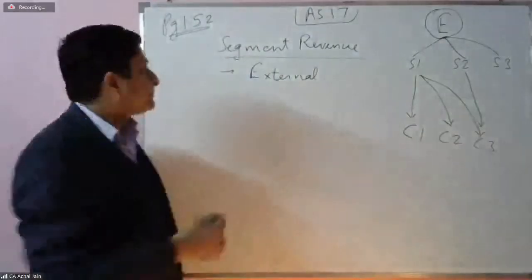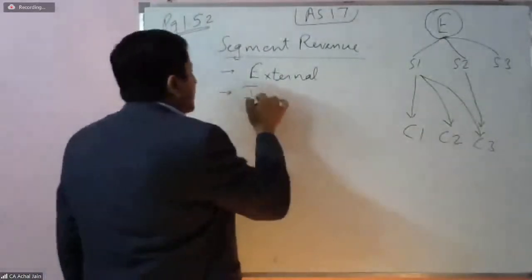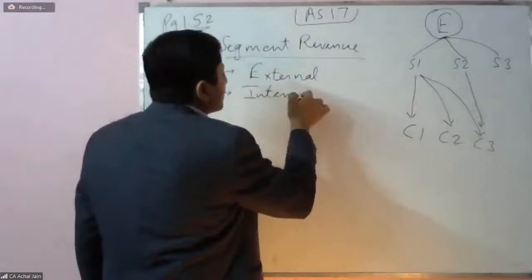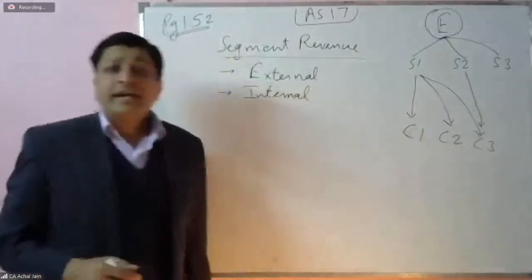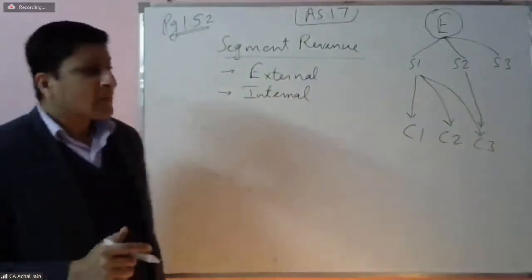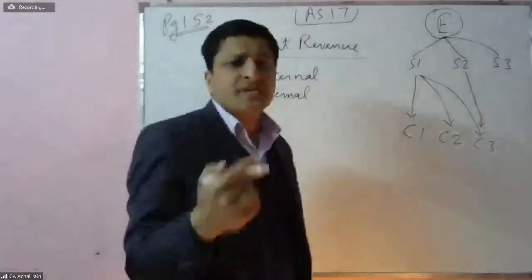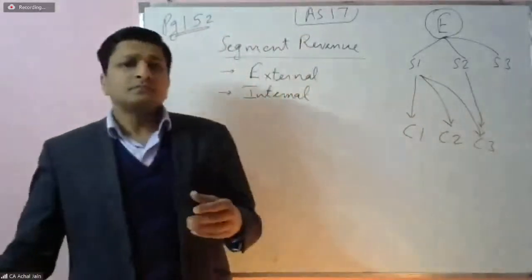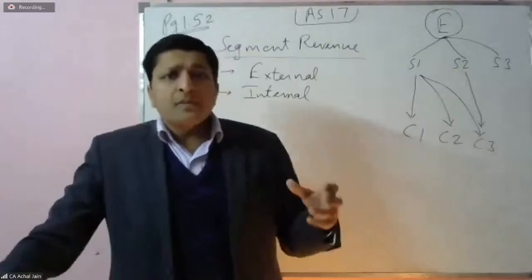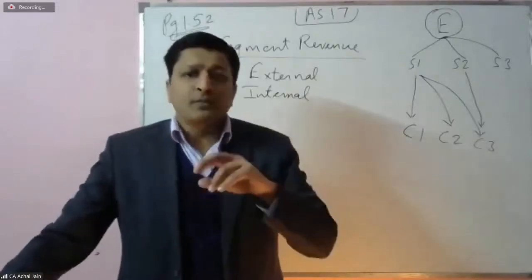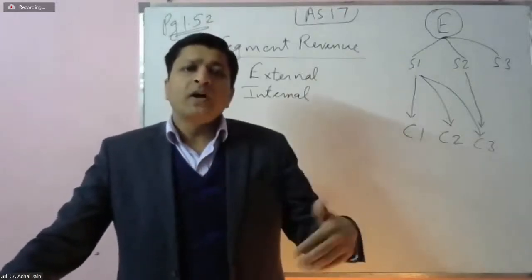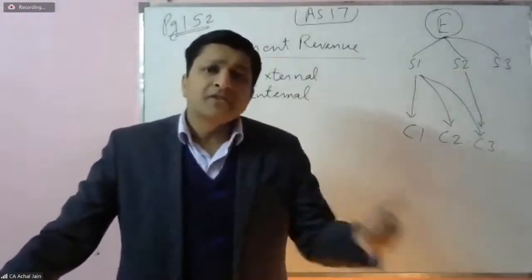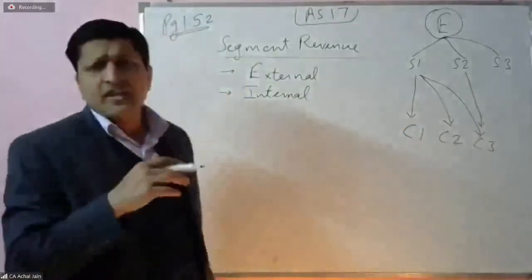So definitely the sales which S1 would have made in respect of the external parties will get covered over here. But another point which is very important to understand is about the internal revenues. Many a times, as you would have seen in case of departmentalization, one department may be selling goods or services to another department, for which it will also be charging the amount. Same is the case over here.